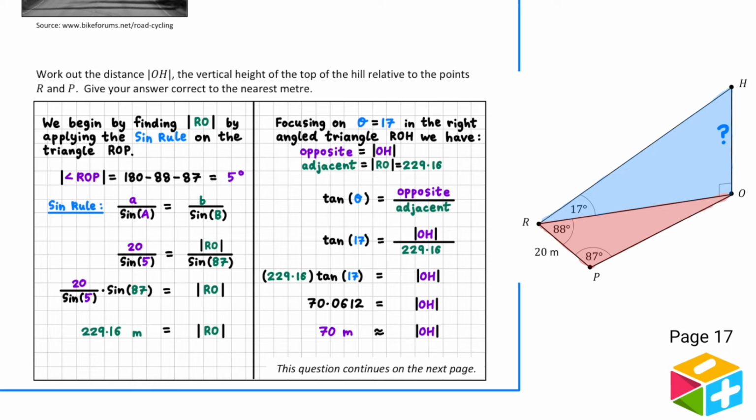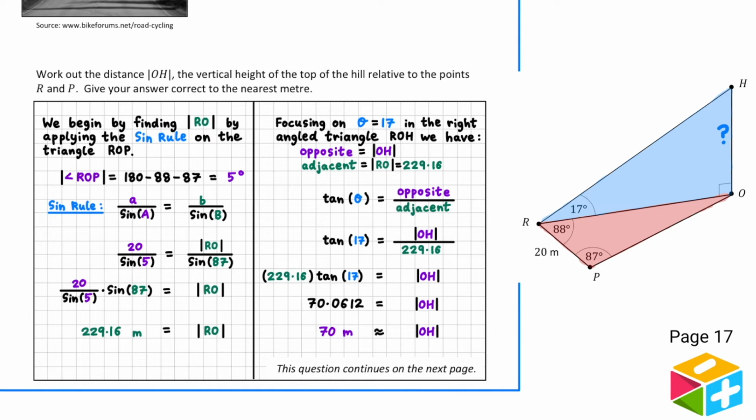An important thing to observe here is that the triangles share the side RO. If we can use the red triangle to find the length of this side, it will give us new information about the blue triangle and hence help us on our way to the final goal. The first thing to observe is that we know 2 out of the 3 angles in the red triangle.